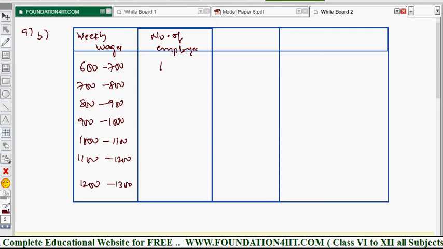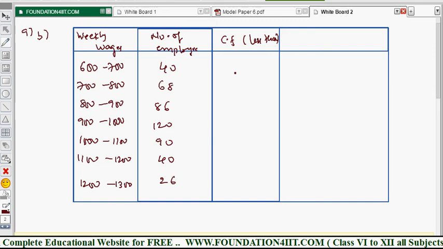And the number of employees given are 40, 68. This is from the question itself. Then 86, 120, 90, 40 and 26. Now we should find the CF, that is the less than cumulative frequency.